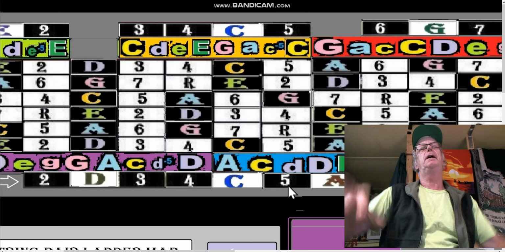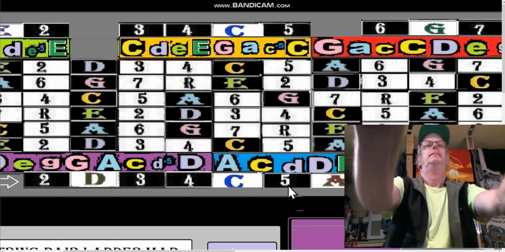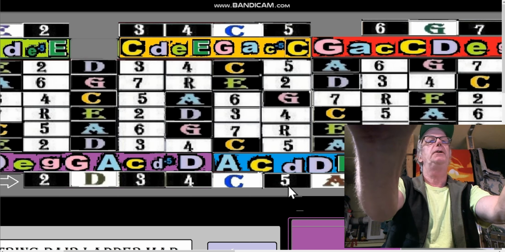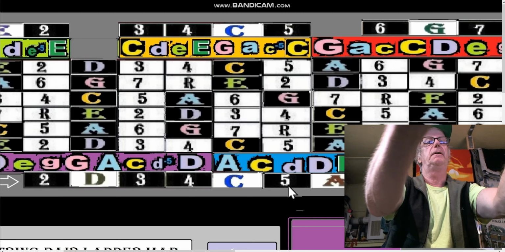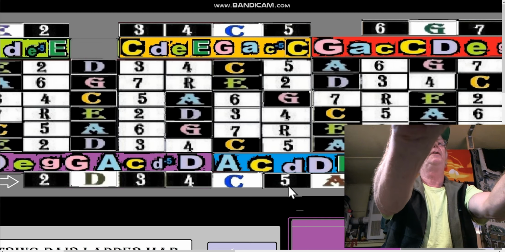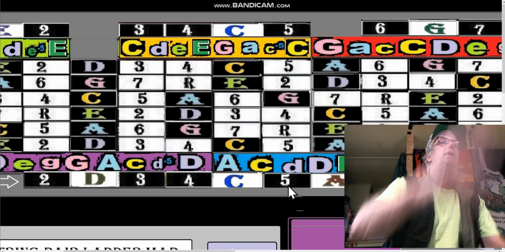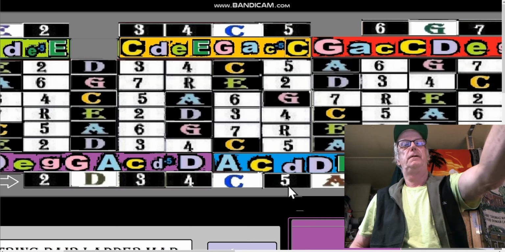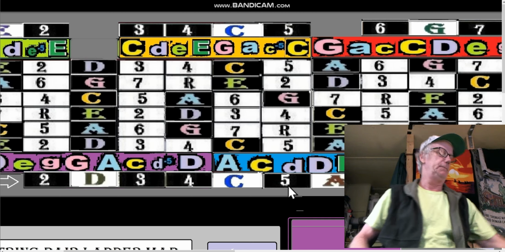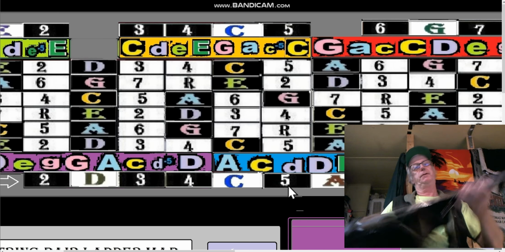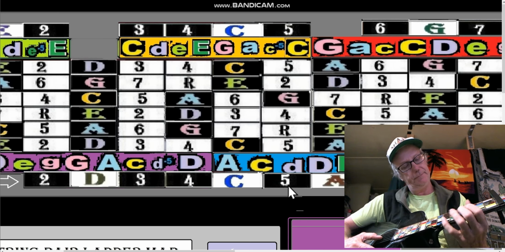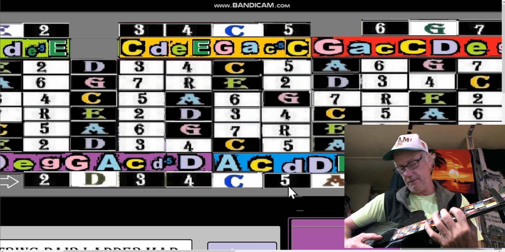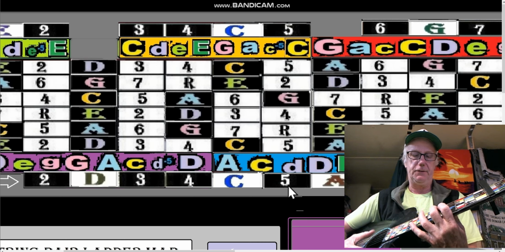So in the key of, what is that, it looks like B flat. 3, 4, 5 in B flat is D, E flat, F. So in B flat, the 3, 4, 5 would be on the D. There would be the C shape.